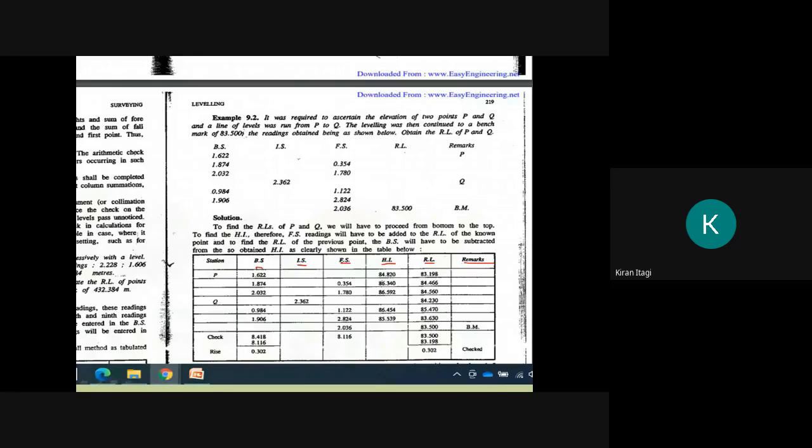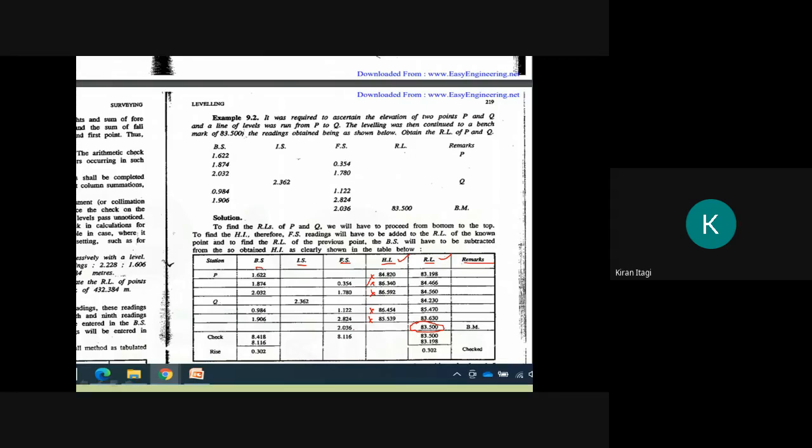Now you have to do the office work, that is determining the height of the instrument and determining the RL. Here you can see at the last position, 83.50 benchmark he has given, and these are the given things. This is not given, this is not given, this is not given, and this is not given.